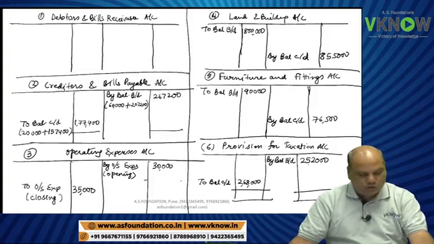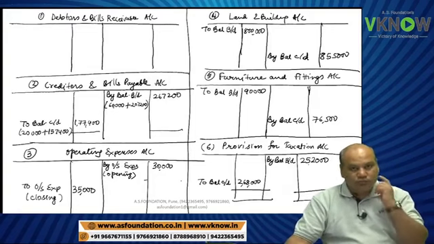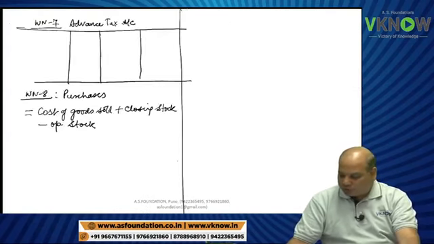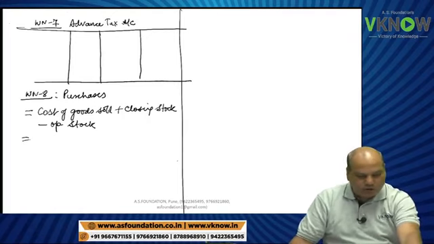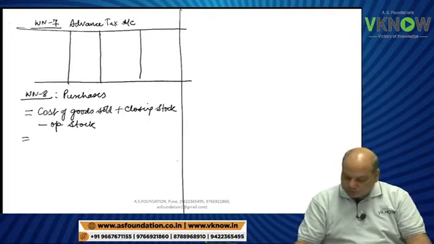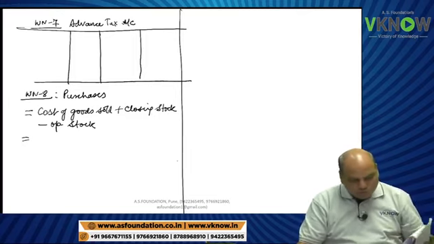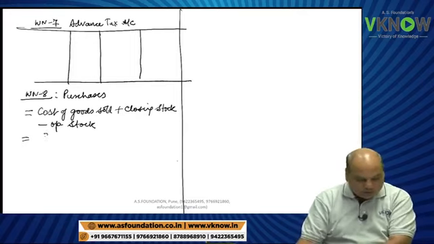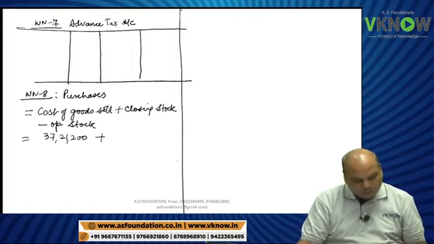What about stock? Stock will be used for calculating purchases. Working note 8 will be cost of goods sold. P&L account second line: 37,21,200 plus closing stock.